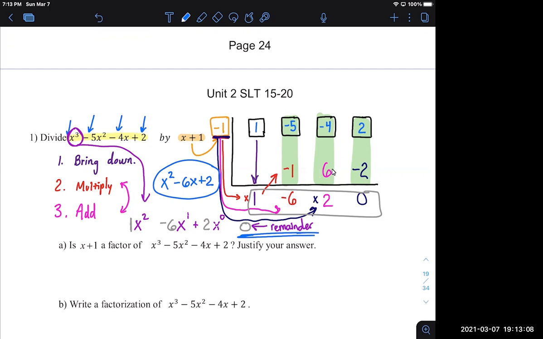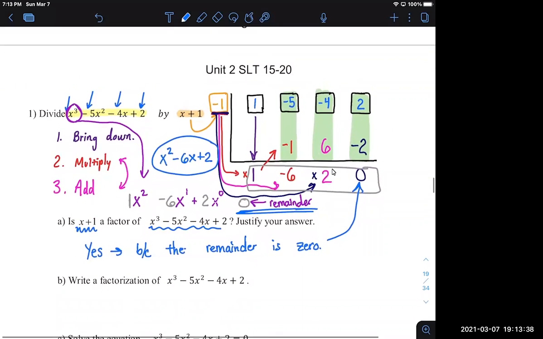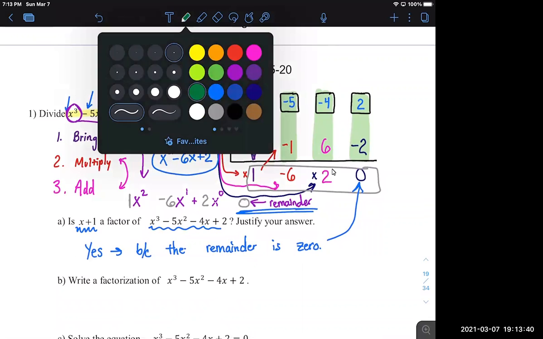Now, when you don't have a remainder, that means this x plus 1 is a factor of the polynomial that we divided. So we're going to say, yes, it is a factor because the remainder is 0. That means that the last number that you get is 0. Now the next question is to write the factorization.